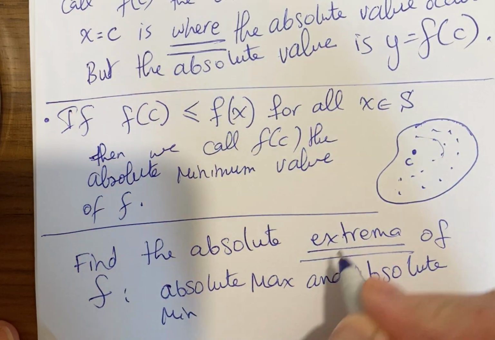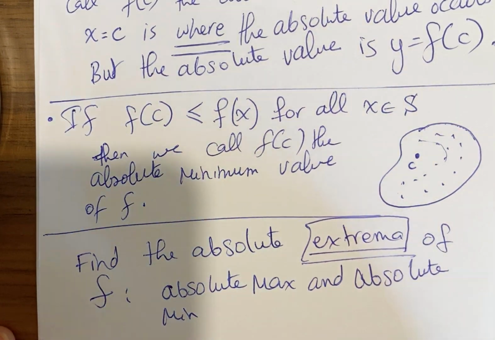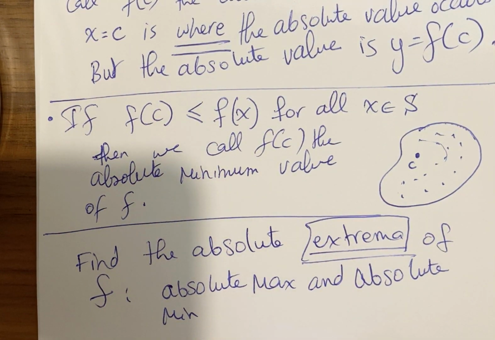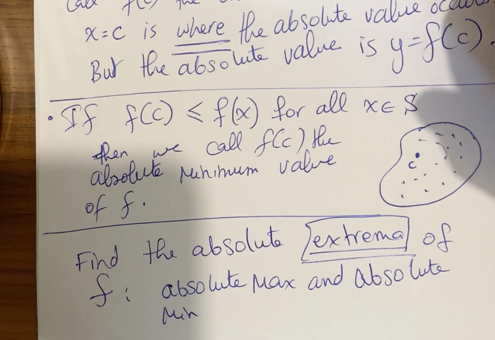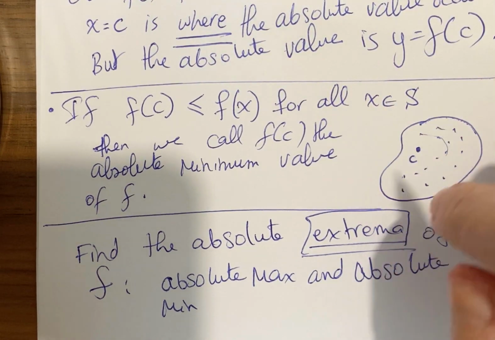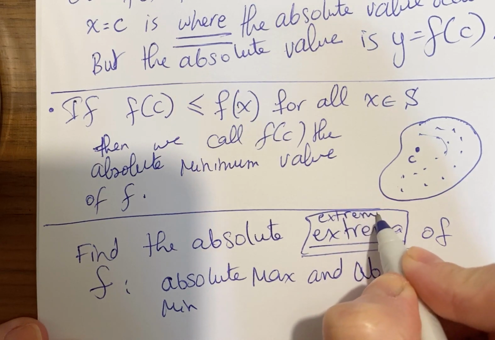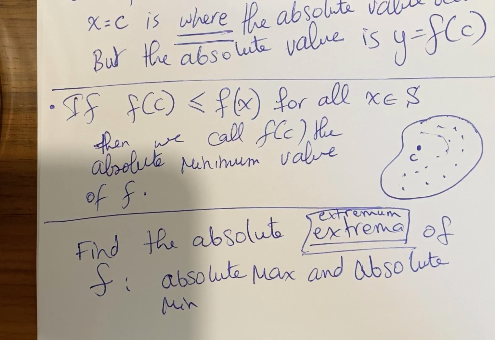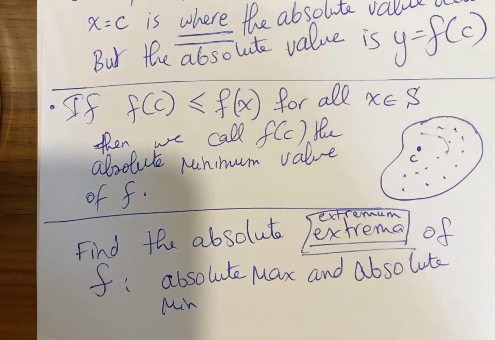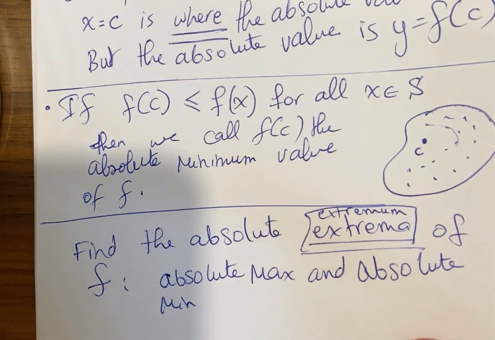Because when we say extrema, the extreme can be the extreme from the bottom, which is a minimum, or the extreme from the top, which is a maximum. So when we use the word extrema or extremum, this means we are talking about either a max or a min. So we may have a max, and we may have a min.